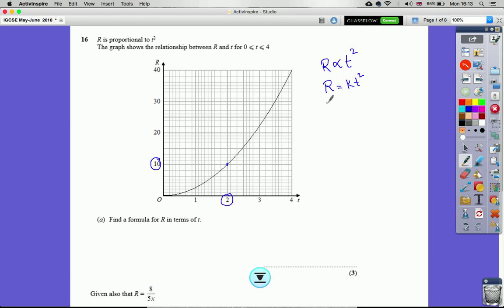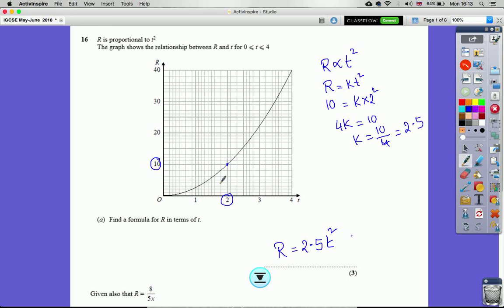So I can substitute these values. 10 is equal to K times 2 squared, or 4K is equal to 10. K is 10 divided by 4, 2.5. So to find a formula for R in terms of T, I can write it as R is equal to 2.5 T squared. That's the first part of the question solved.